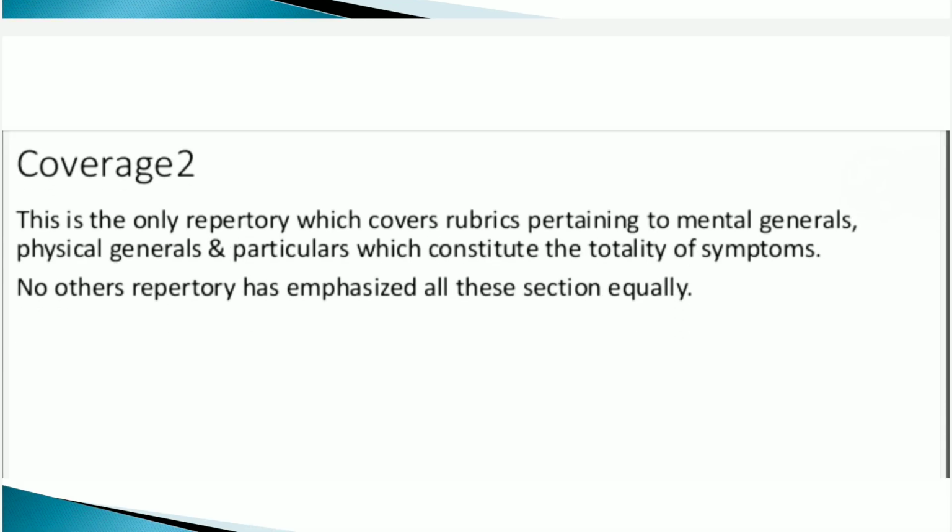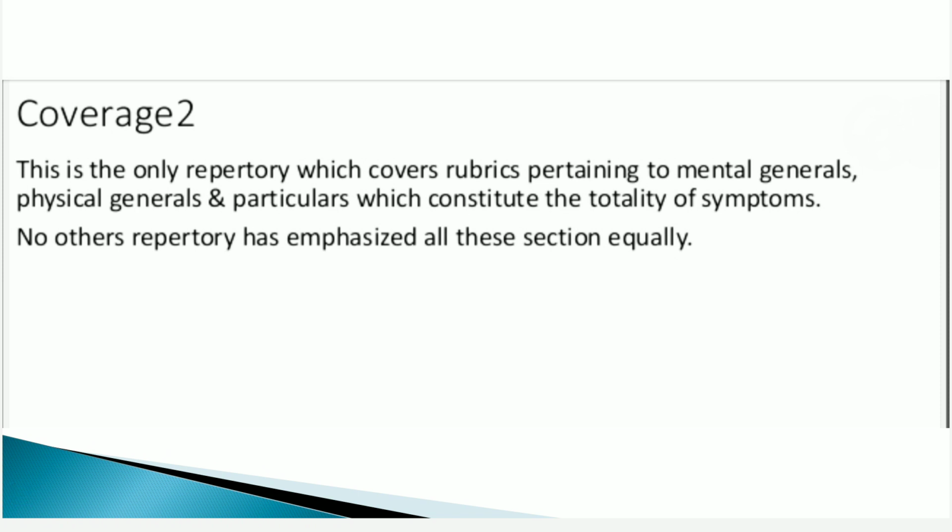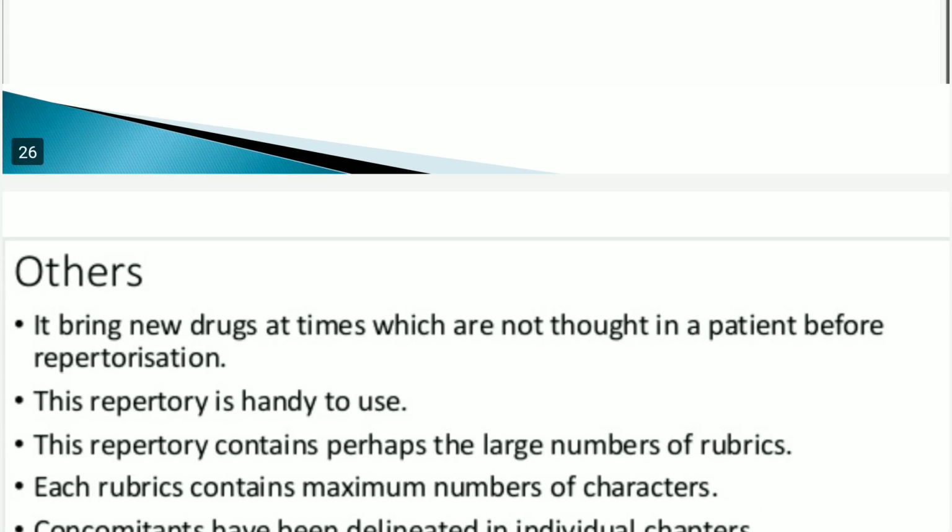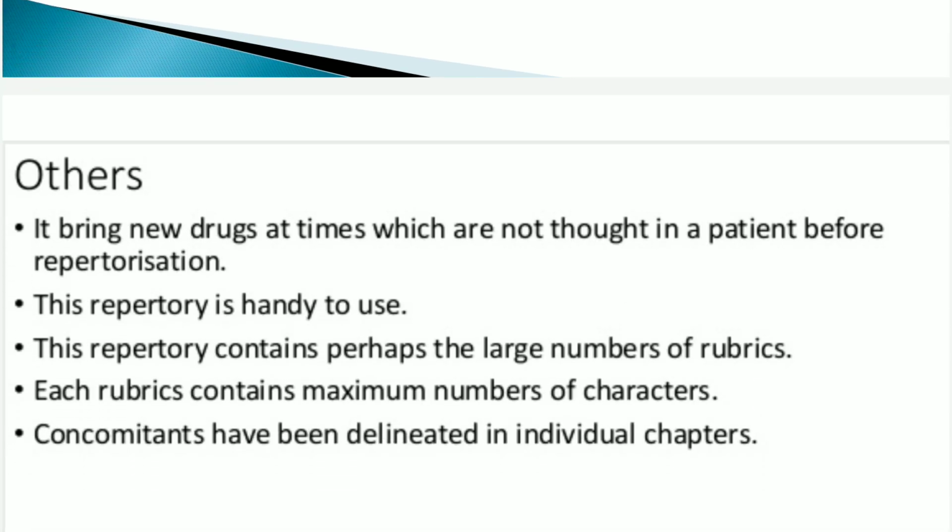So it should be considered. Then this is the only repertory which contains mental general, physical general and particular symptoms. No other repertory before Dr. Kent's repertory contained all these sections.